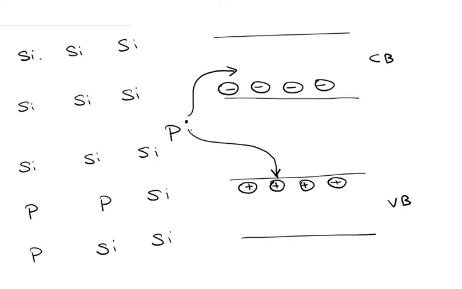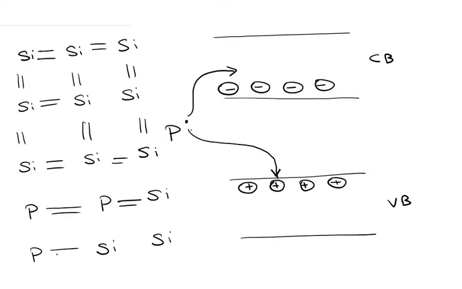So let us consider this typical diagram, and let us consider these bonds as well. For the time being, let us consider that this bond is broken. When this bond is broken, this corresponds to a hole in the valence band.